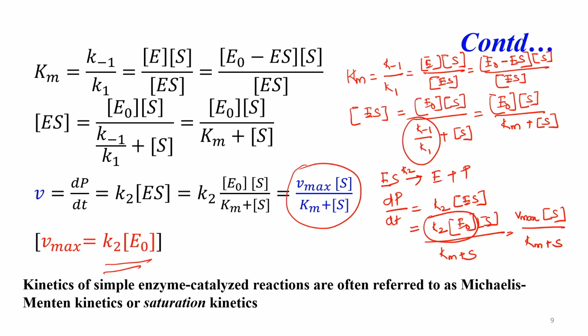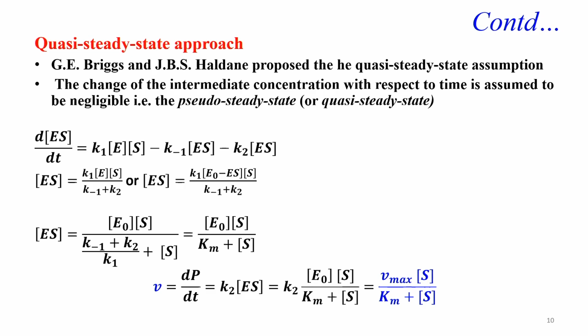So, further in the subsequent slide we will see the significance of Km, Vmax and K2, but at this moment we have derived this Michaelis Menten kinetics. This is in fact known as the saturation kinetics because it reaches a plateau. Now, we will go to the next approach, which is the quasi-steady state approach.